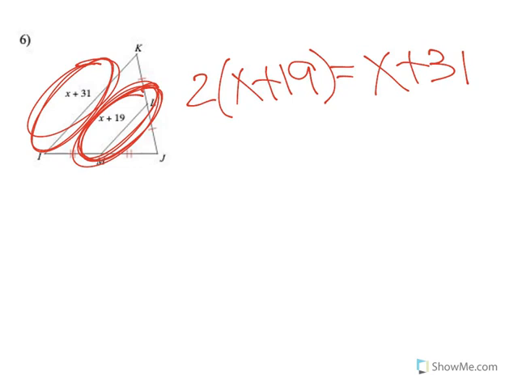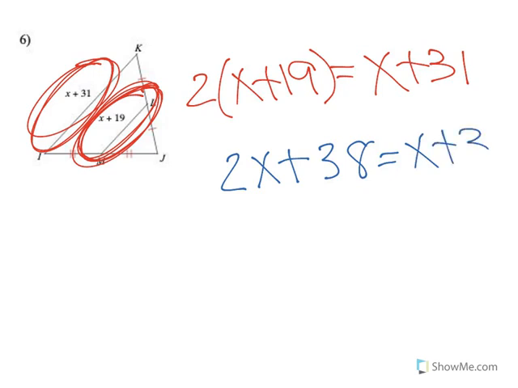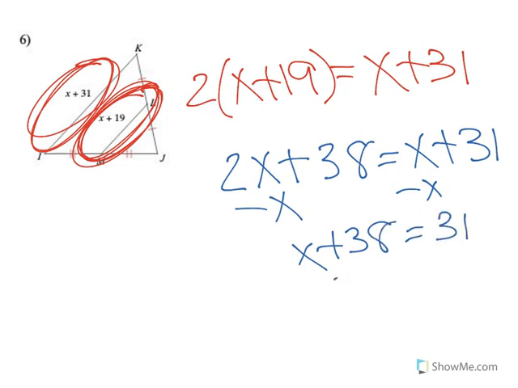So if we just start here, it's probably easier on most of us. So 2x plus 19 times 2, which is 38. Subtract that x. X plus 38 equals 31. Subtract the 38. X equals negative 7.